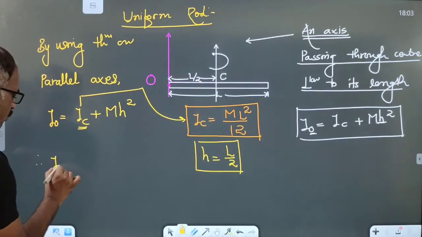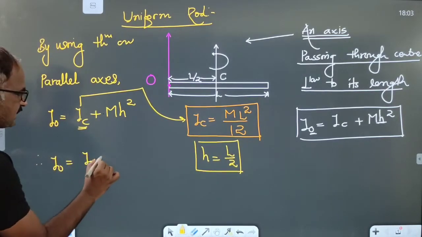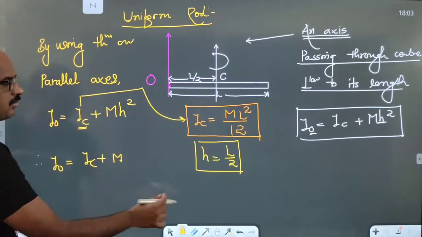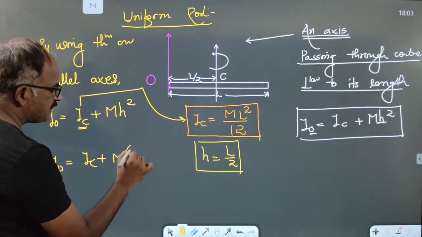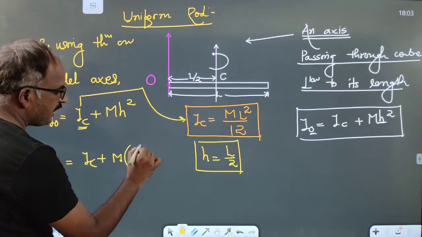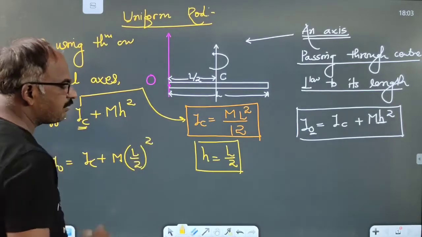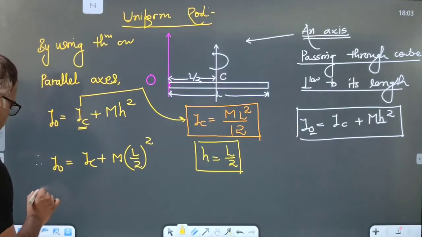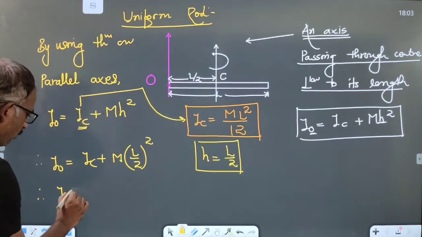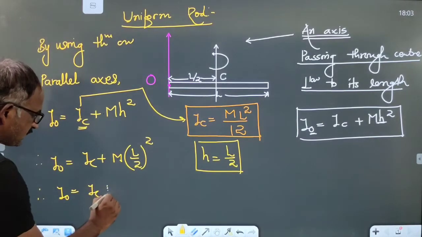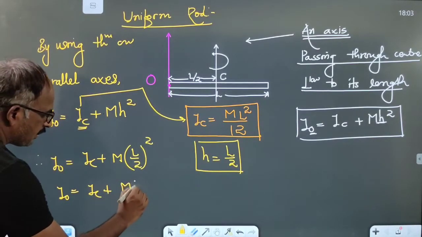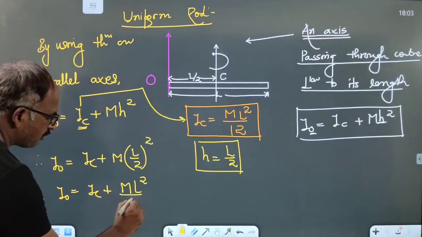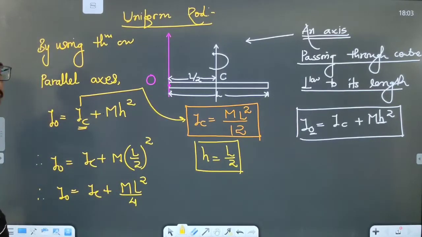Therefore I_O is equal to I_C plus M (L/2) square, since the value of h is L/2. Therefore I_O is equal to I_C plus M L square by 4.